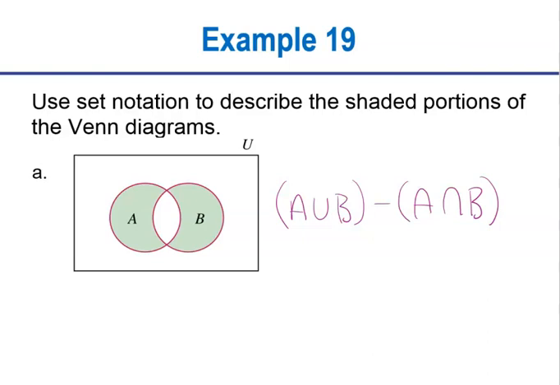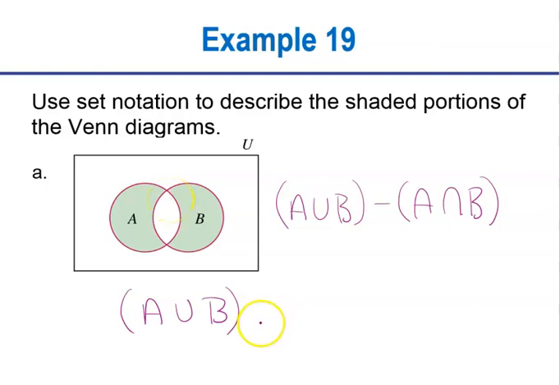You could stick with the A union B. If you use the difference of sets, there's one way to describe it, but sometimes another way is more complicated. My pen quit working. Here we go. How about A union B again? A union B covers everything in A and everything in B, so if I were to shade just A union B, that center white part would also be shaded.